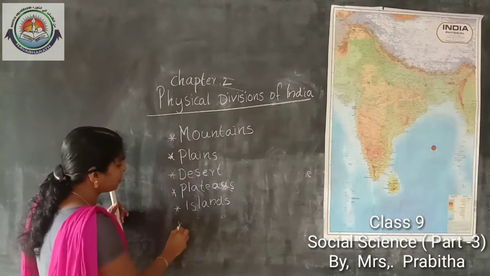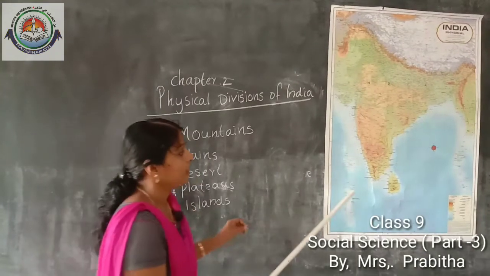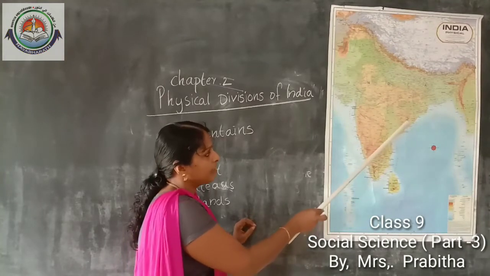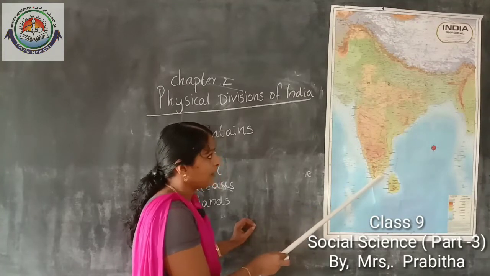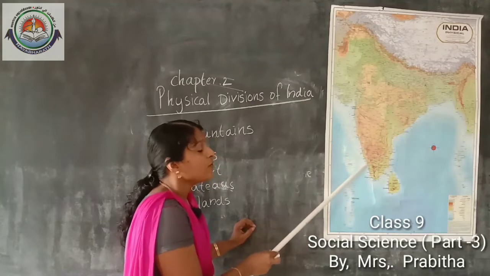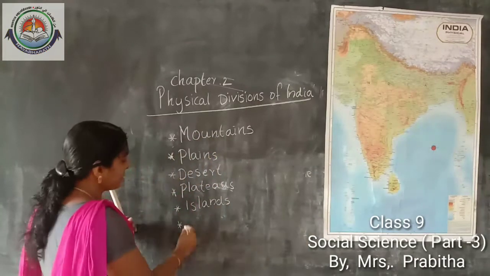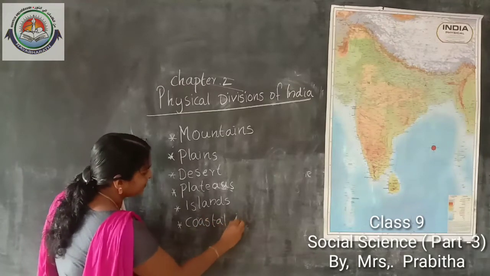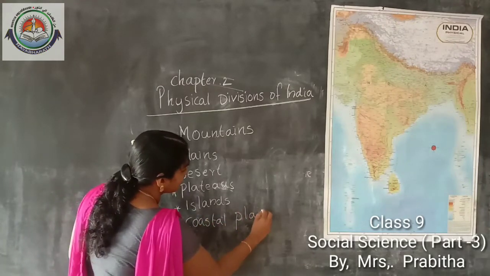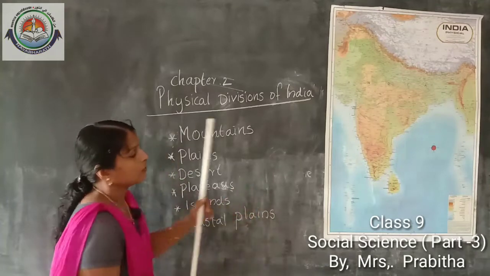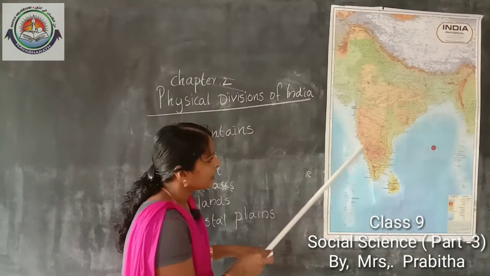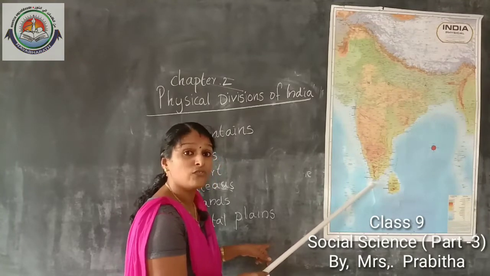Then next we have to find out where the coastal plains are. There are two coastal plains. The first one is the eastern coastal plains and another one is the western coastal plains. On these two sides of India there are some continuous stretches of hills.